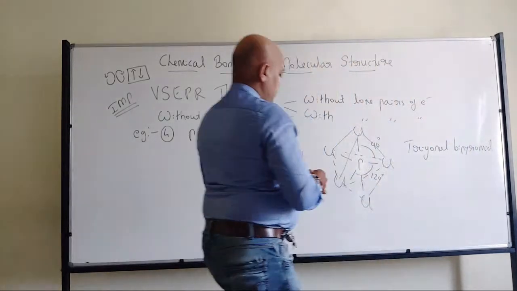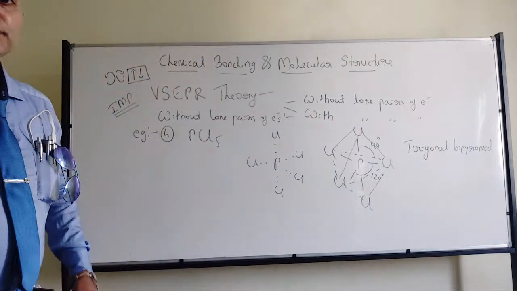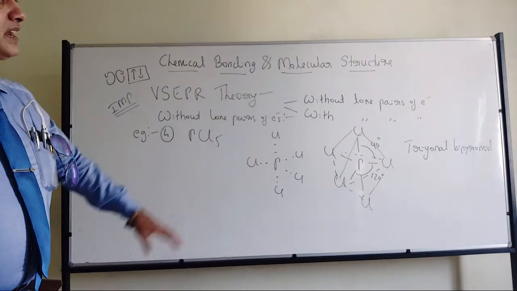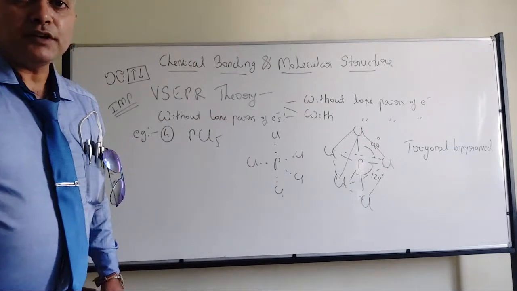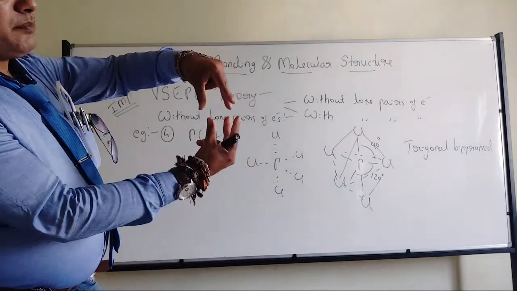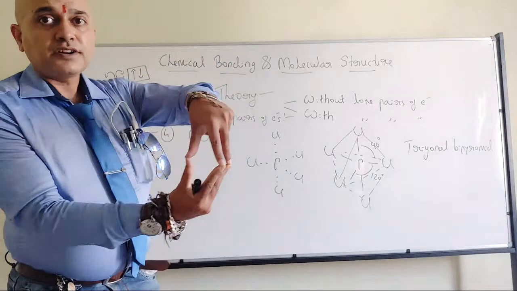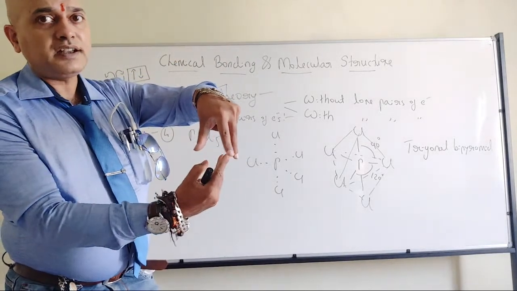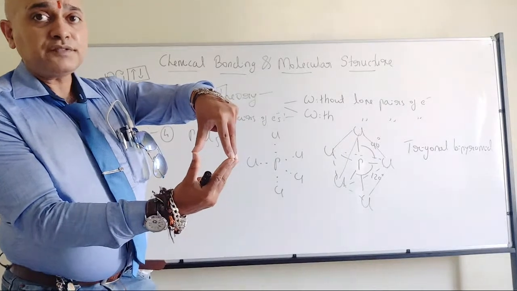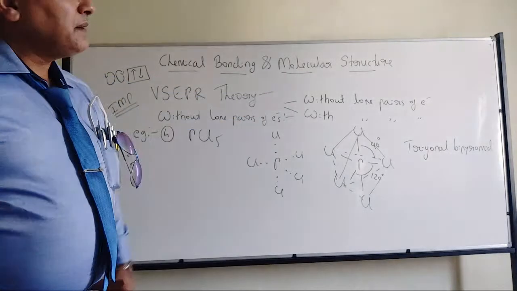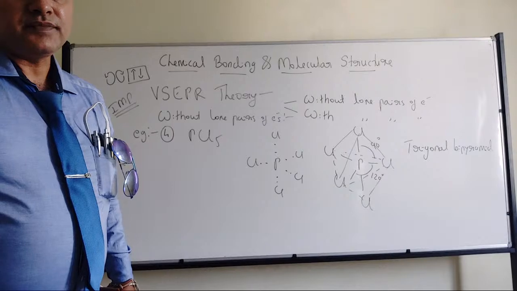PCl5 has no lone pair of electrons on phosphorus. It will form a trigonal bipyramid. Why bipyramid? Two pyramids are attached to each other like this, with the trigonal plane. So therefore it is called a trigonal bipyramid structure.